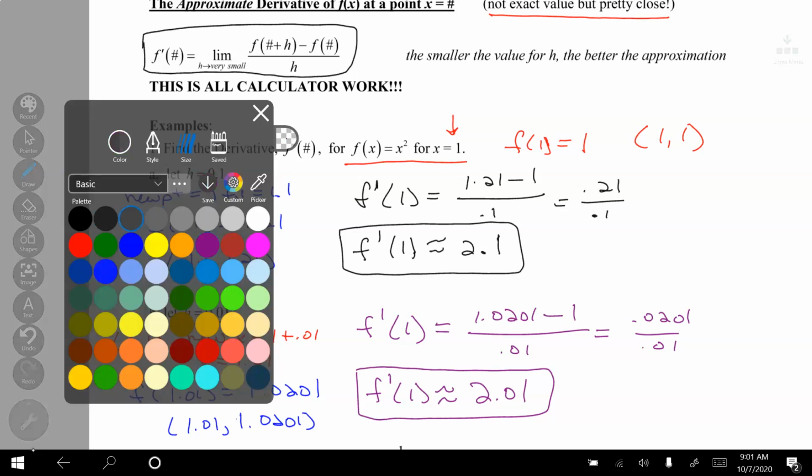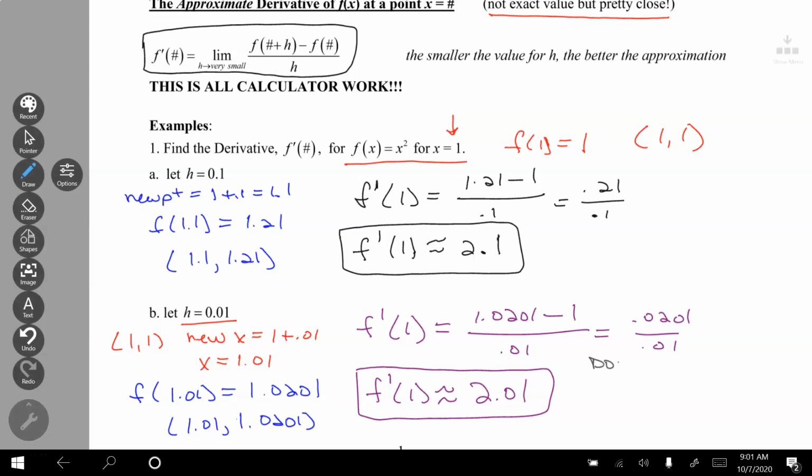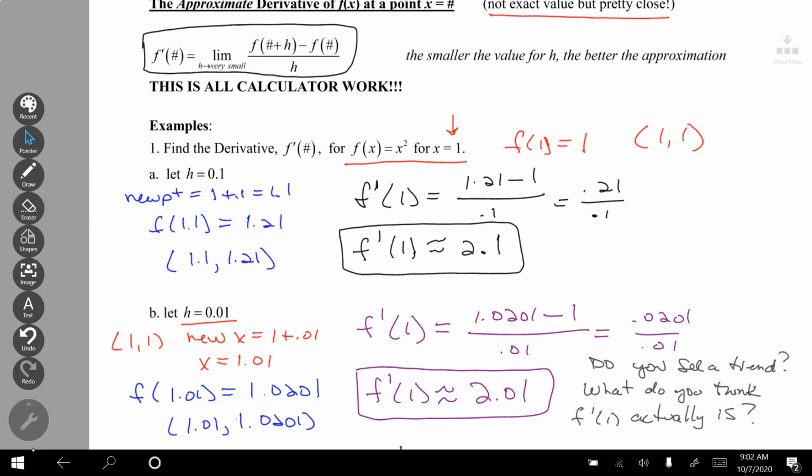So my question is, do you see a trend? What is happening as h is going smaller? What do you think f prime of 1 actually is? Remember, these are not perfect.